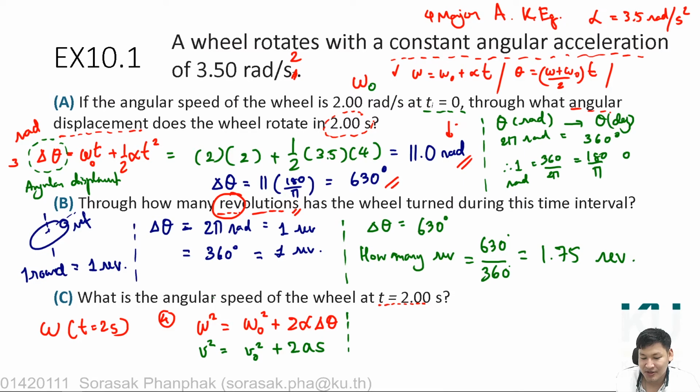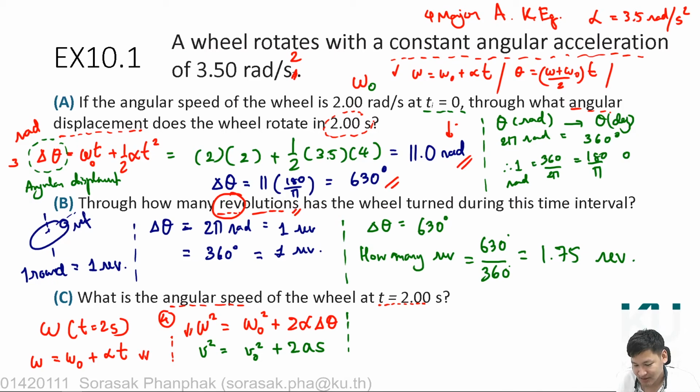Not only equation 4 can be used for solving this problem, you can use the first equation as well, omega equal to omega 0 plus alpha t. Because you already know omega 0, you already know alpha, and you already know t. But since I already stated the first equation, I will just substitute the first one, for the quickest and easiest way to substitute the values.